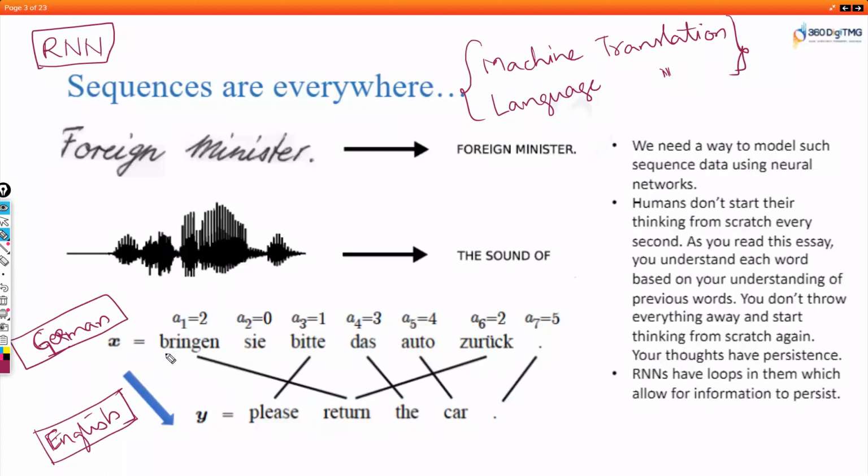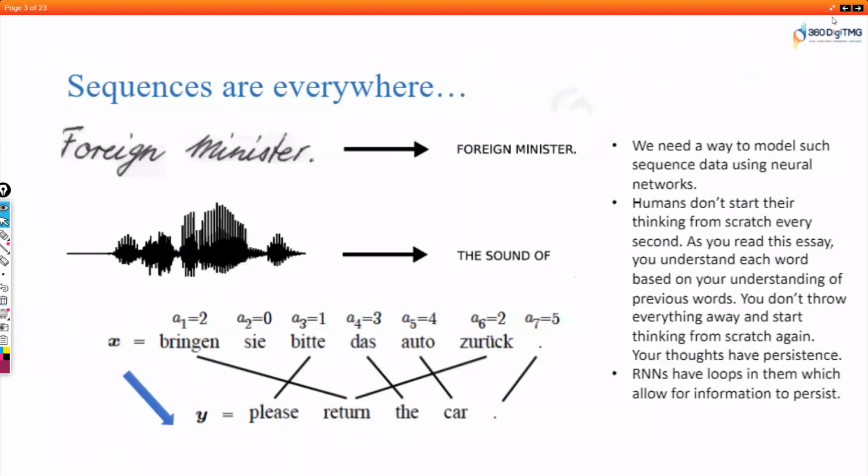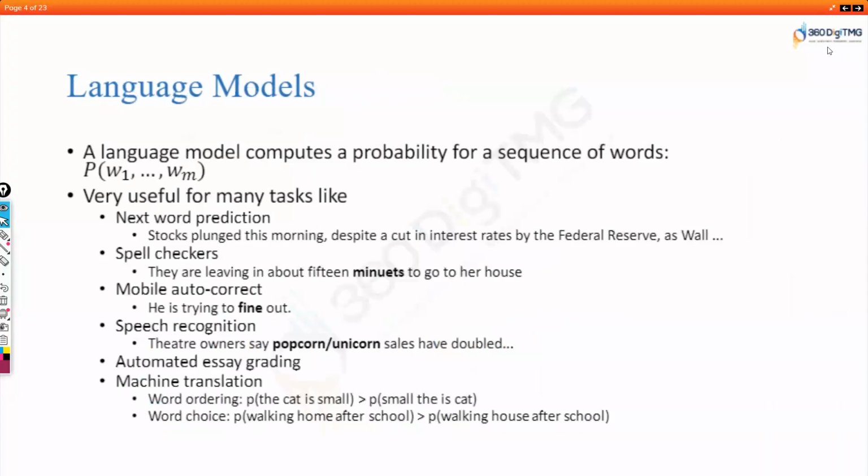For example, bringen is called return, bitte is called please, das is called the. Auto is car, which is the first word, but it's the second word in English. So this is the third word in German, but it is the first word in English. So the sequence might vary. Recurrent neural networks are used whenever you have this kind of sequence data or time series data.